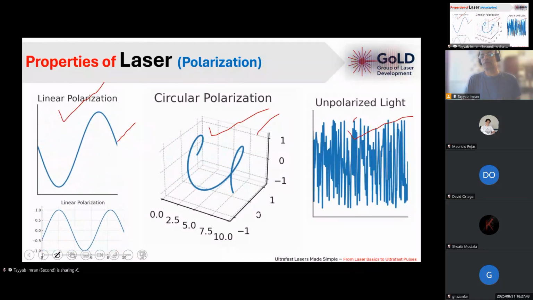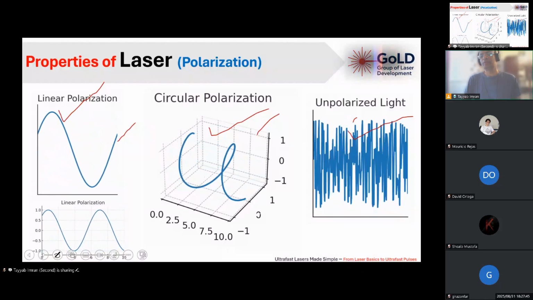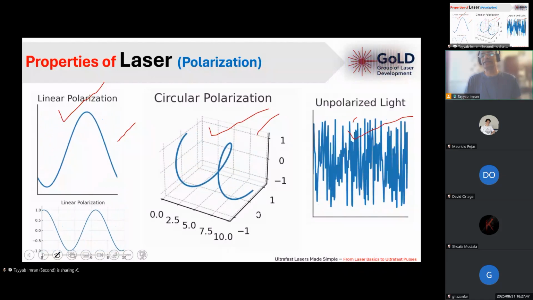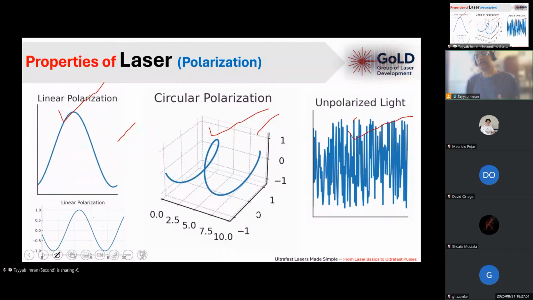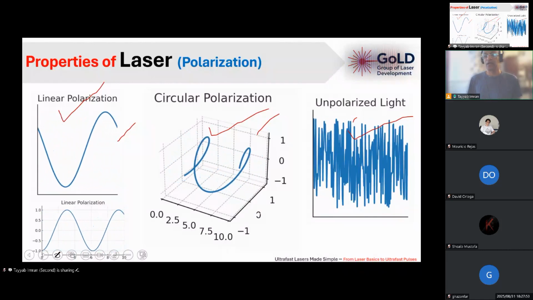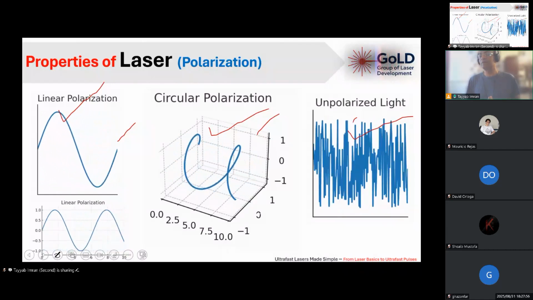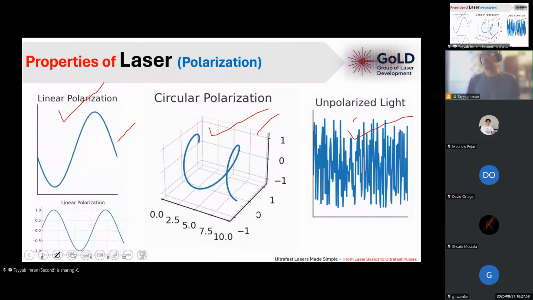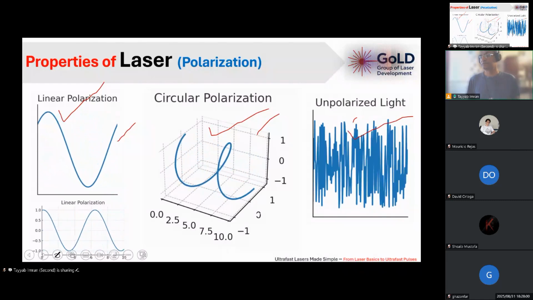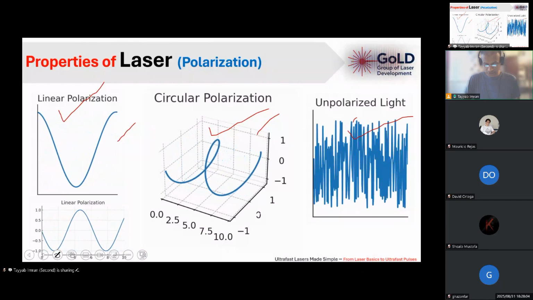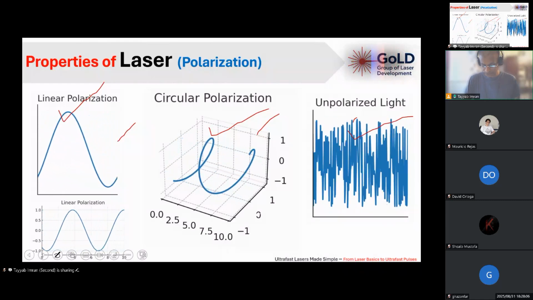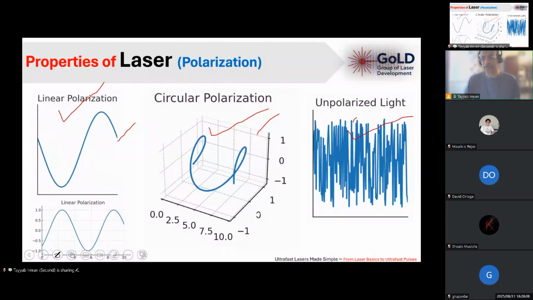Because it's one of the properties of the laser, you need to know what polarization is. So the laser is already linearly polarized, but circular polarization is possible with certain techniques. It's a long story, high level research. We can produce some circular polarization with the laser as well. Okay, so anyone else?